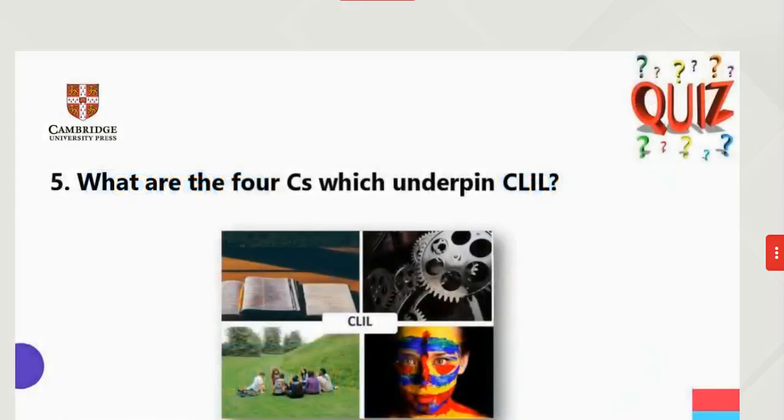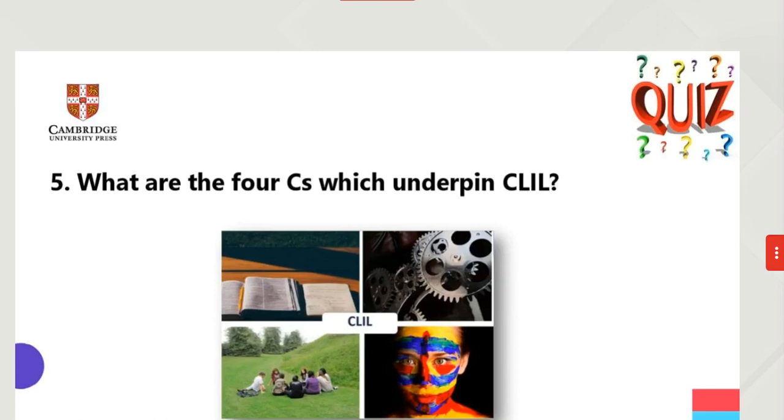Okay, question number 5. What are the 4 C's which underpin CLIL? So what are the 4 C's? And each one of the 4 C's I've represented here on the slide in these 4 pictures to help you. The 4 C's of CLIL, the framework which underpins CLIL lessons.